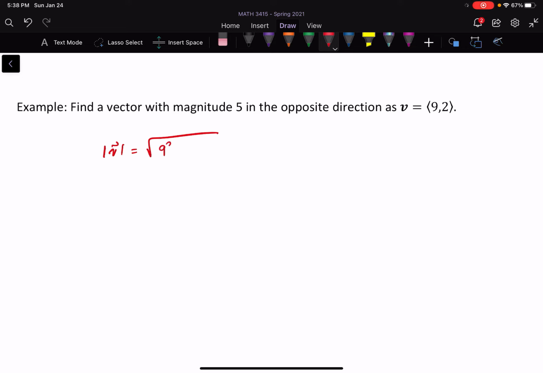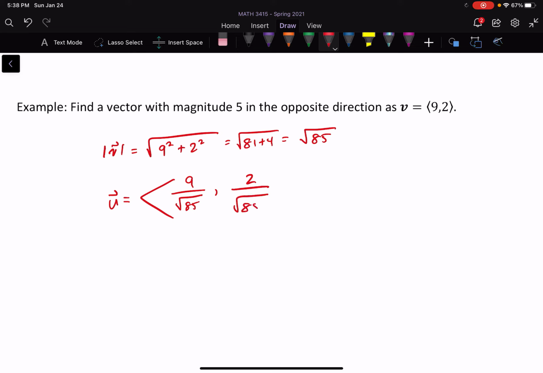Okay, so it's going to be square root of 9 squared plus 2 squared. So that's square root of 81 plus 4. So that's going to be the square root of 85. Okay, so now our unit vector will be 9 over square root of 85, comma, 2 over square root of 85. So this thing has magnitude 1.